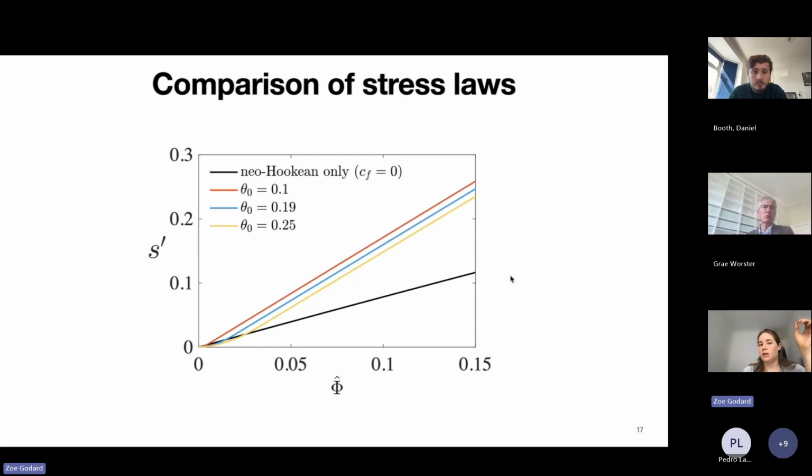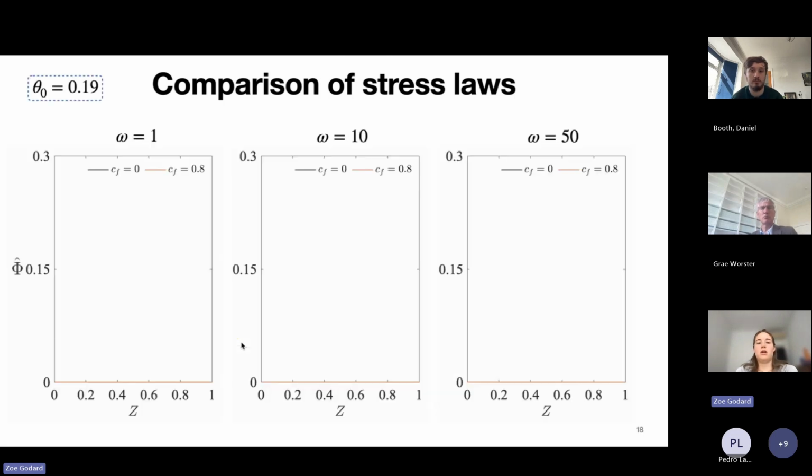And what you can see, really the most important thing, is that the stress law is superlinear compared to the neo-Hookean one, which is a good thing because that means that the tendon is more protected, because when you're applying a larger stress, it's actually going to be strained less than if it was only neo-Hookean. And you're seeing as well this little toe region at the start. You can see, especially for that theta naught equals 0.25, corresponding to the uncrimping fibrils.